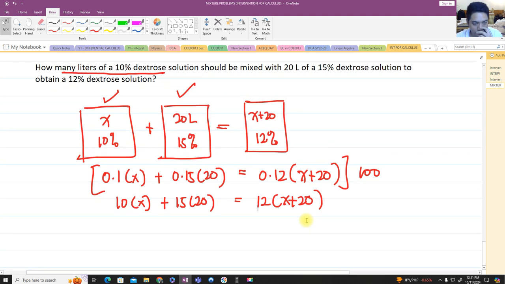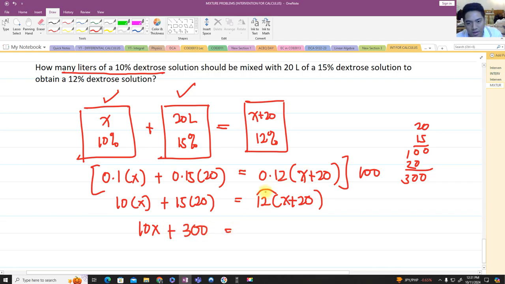Alright. So you have 10x. So 20 times 15, so you have 300. Then you have 12, distribute 12 times x plus 20. So you have 12x plus we have 240, 20 times 12.